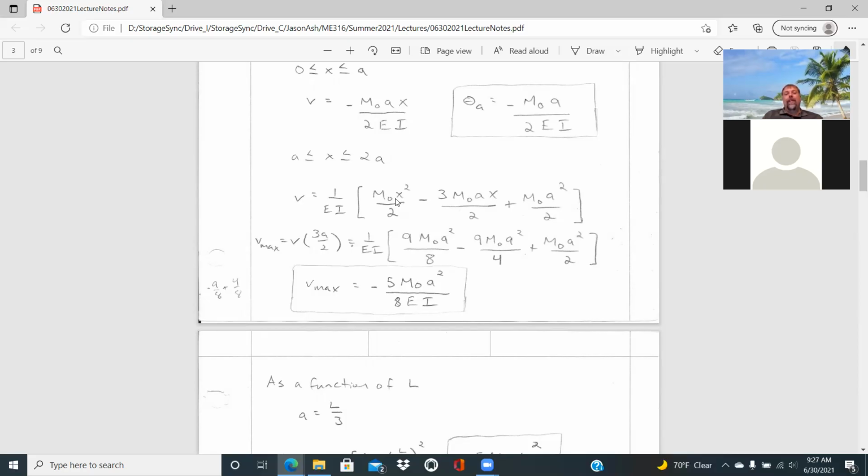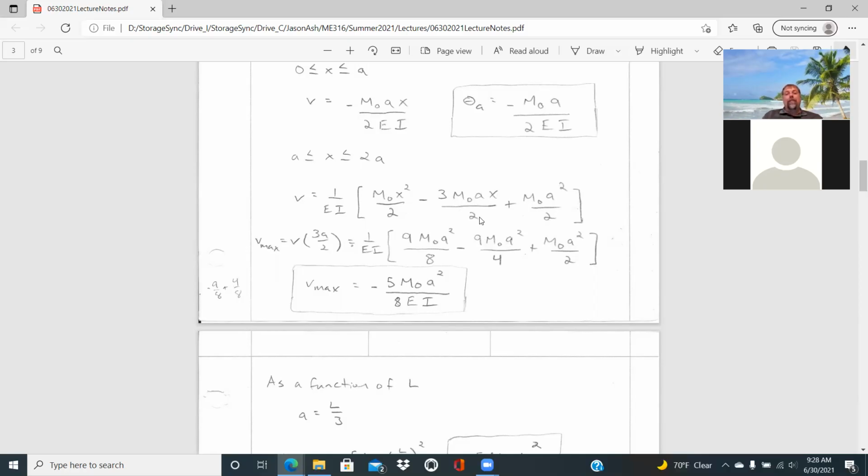And so we're just plugging in 3a over 2 in for x. So the 3 gets squared and becomes a 9. The 2 gets squared and becomes a 4 times 2 gives us an 8 in the denominator. And then we have 3a over 2 coming in for x. So we end up with 3 times 3, 9 again, M0 a squared. Because remember 3a, a times a gives us a squared.